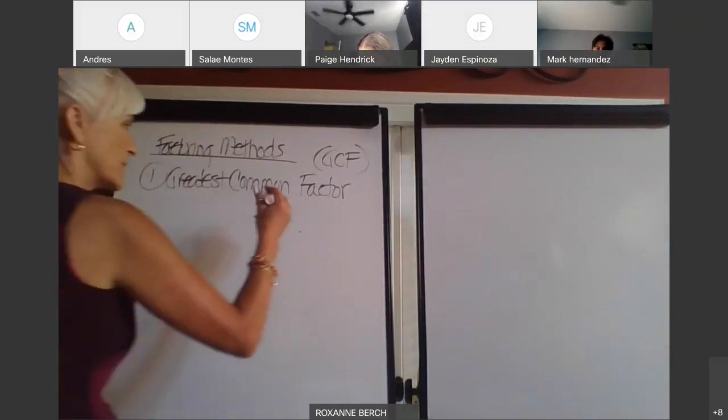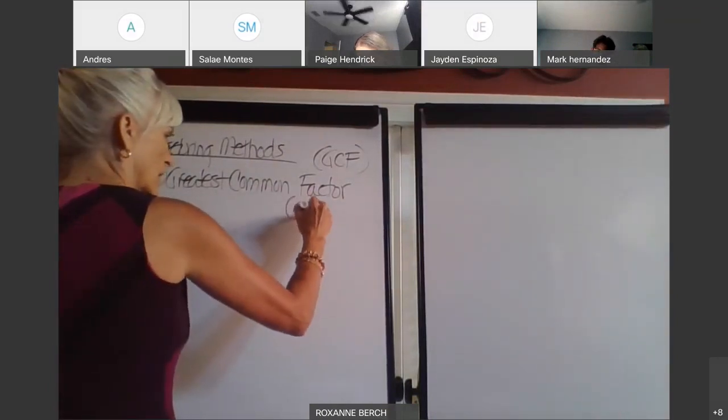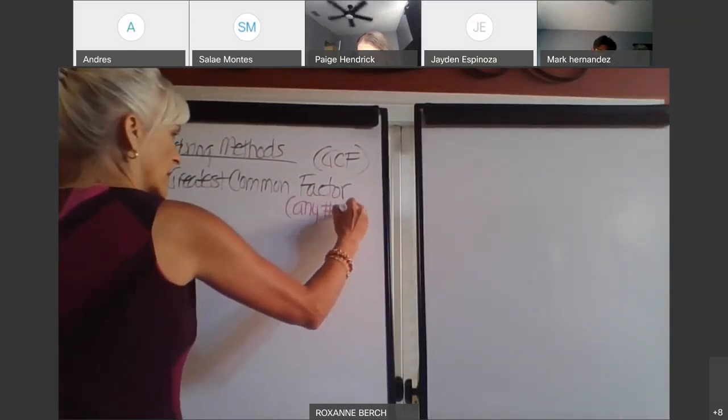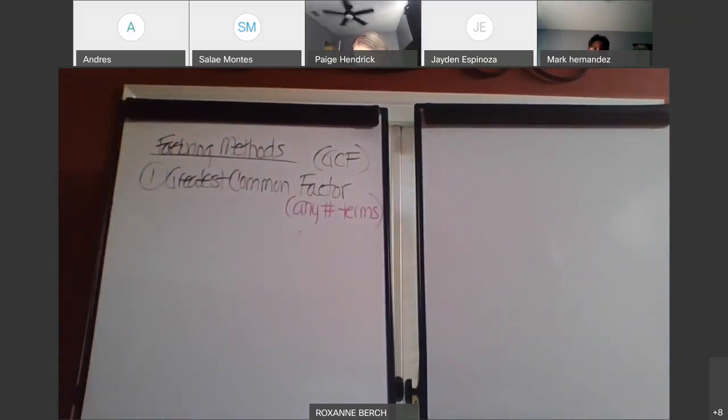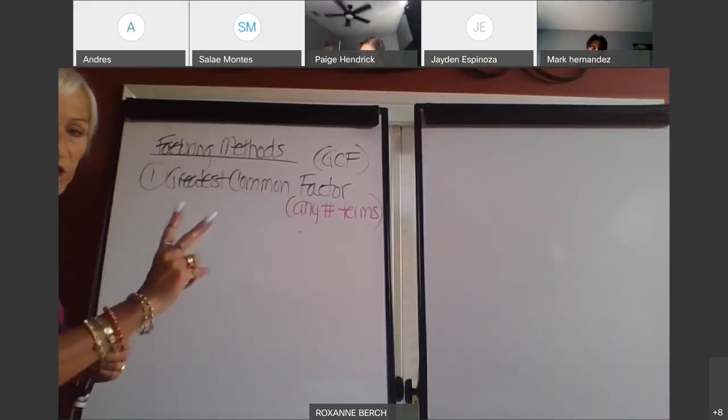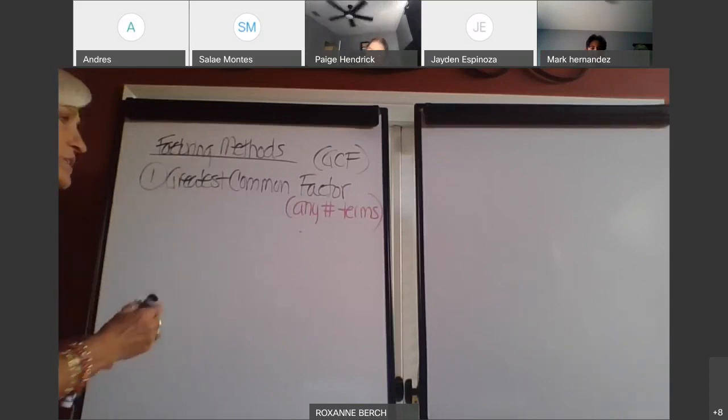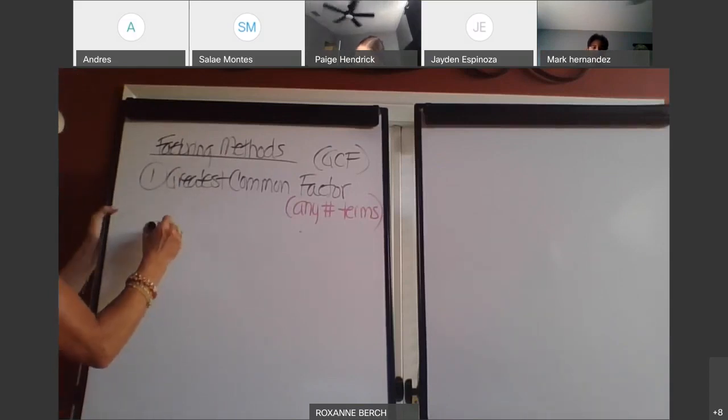Yeah. All right, I'll work one more problem on this. The greatest common factor could be any number of terms. So it could be 2 terms, it could be 3 terms, it could be 4 terms, it doesn't matter.